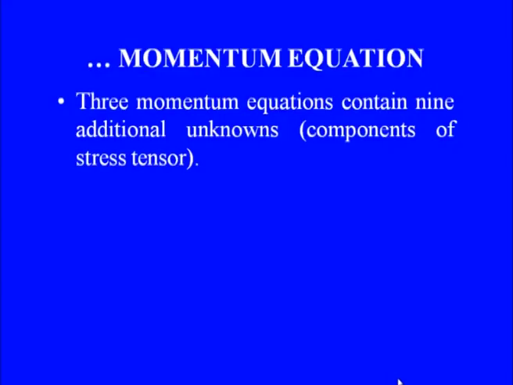Now, let us have a careful look at the right hand side of momentum equation. Left hand side we had density rho and 3 velocity components, but what we have on the right hand side? We have got stress tensor, body force field, that is known to us.